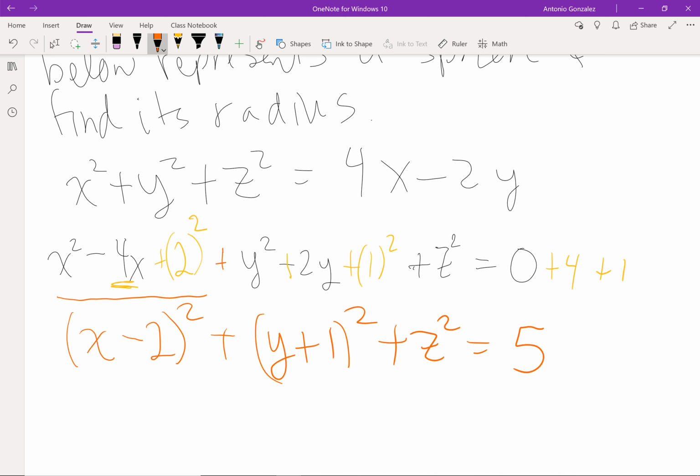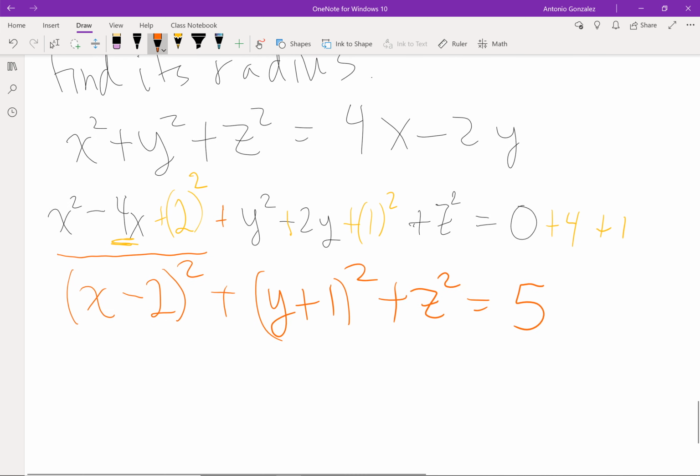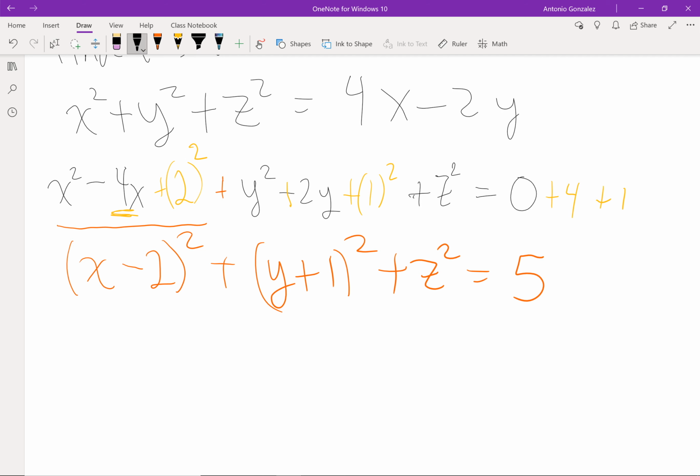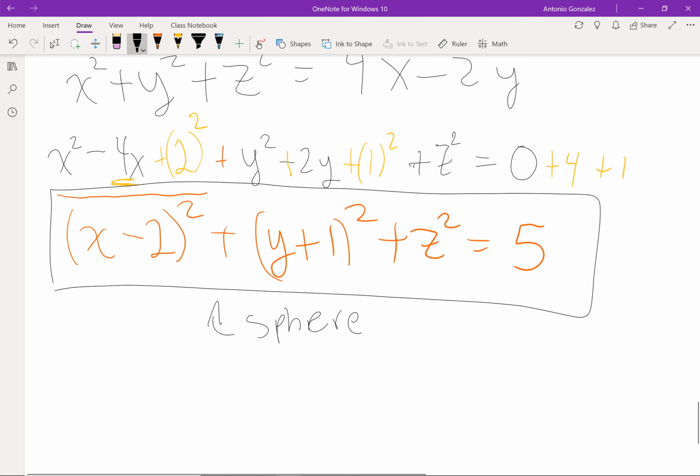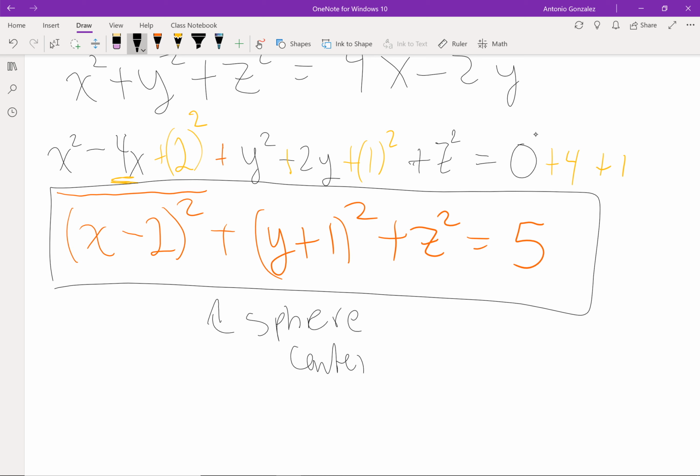Okay, and now we have it in sphere form, right? So this is showing that it is a sphere, getting it in this form. So this is a sphere, center at (2, -1, 0), radius of √5.